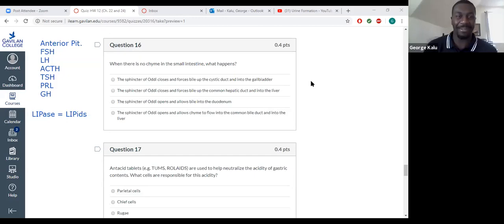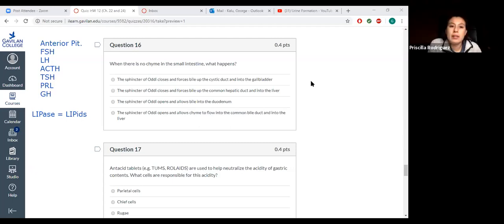Question 16. So when there is no chyme in the small intestine, what happens? A, the sphincter of Oddi closes and forces bile up the cystic duct and into the gallbladder. B, the sphincter of Oddi closes and forces bile up the common hepatic duct and into the liver. C, the sphincter of Oddi opens and allows bile into the duodenum. Or D, the sphincter of Oddi opens and allows chyme to flow into the common bile duct and into the liver.